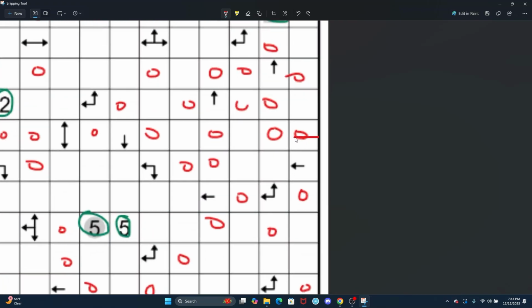So if you look at this boundary, it cuts off these tiles, right? If any of these tiles were green, there's no way that we could make it connected to the rest of the green tiles outside of the boundary. So that means that these cells must be red.